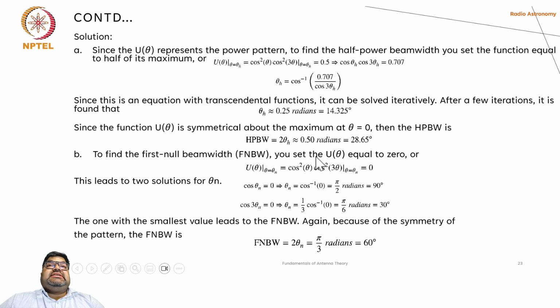Because this is the first null, 30 degrees is the value we take. With 30 degrees on one side, the full first null beam width is 30 plus 30, which is 60 degrees. So remember, the half power beam width is 28.65 degrees and the first null beam width is 60 degrees.